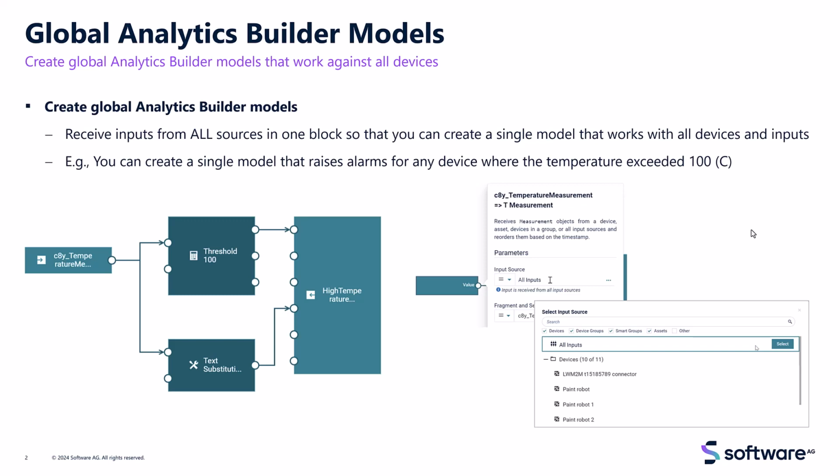The example I've got here is a single model that looks at the temperature fragment and series data coming in from any measurement from any device, and will raise an alarm when the temperature exceeds 100. So it's an easy way to create a single model that works regardless of the devices you've got, or the device groups, or the smart groups that pick up the devices. You can create a single model that works with everything.